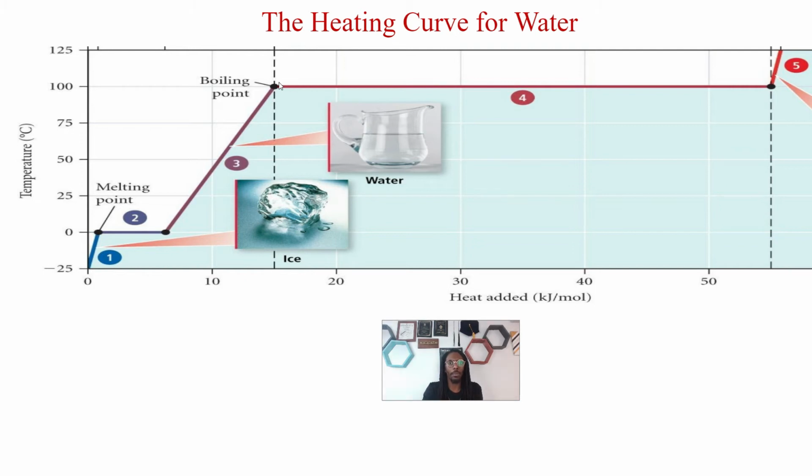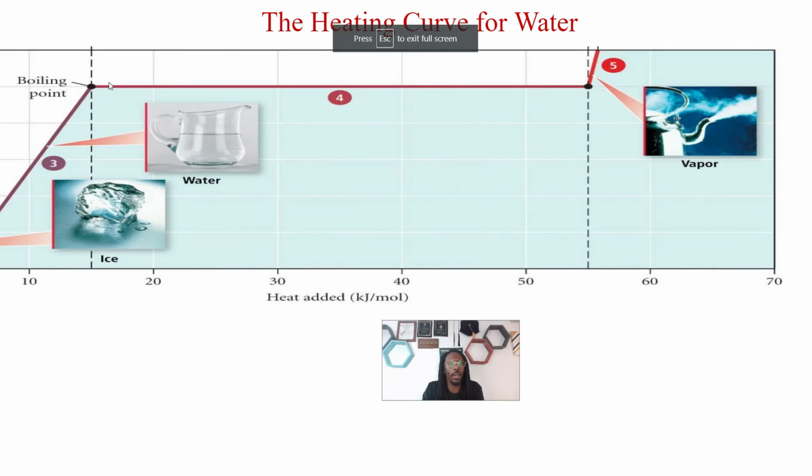And we're going to be in this transition because we understand that we need a certain amount of energy needed to transform those liquid molecules to gas molecules. So now we reached a boiling point.